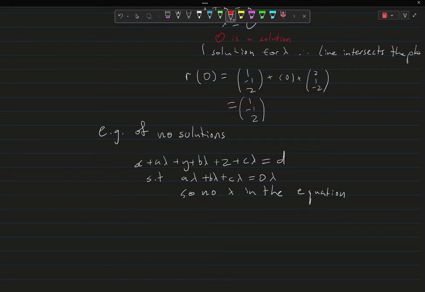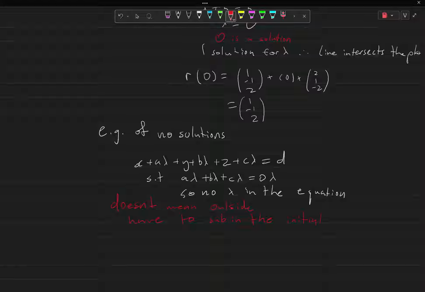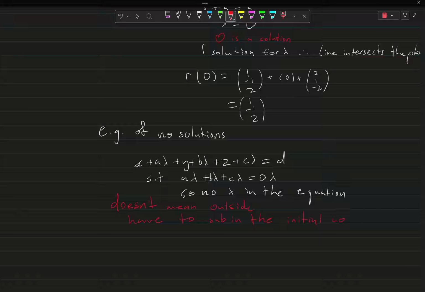This just means that it's parallel to the plane, but that could mean it either lies in the plane or it's outside of the plane completely. So you have to sub in the initial coordinates of the vector line.